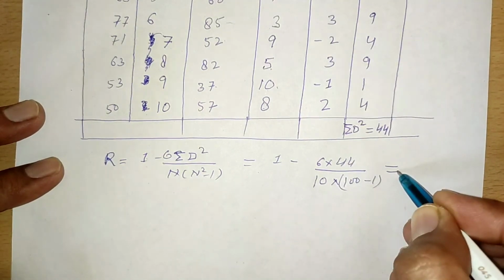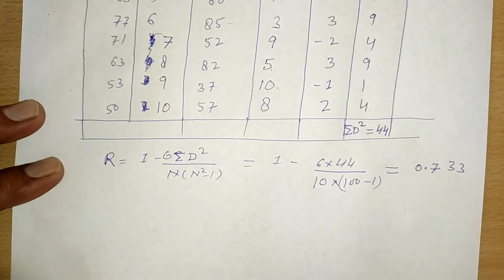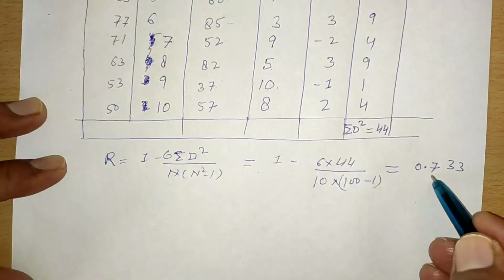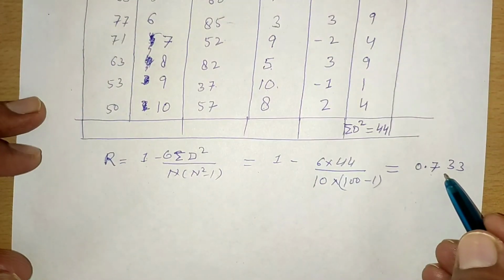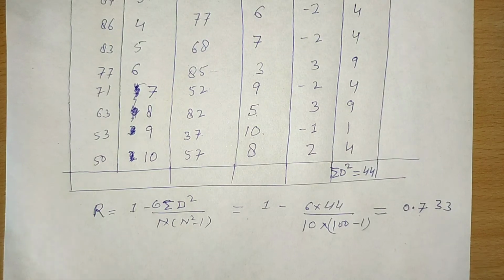Calculate it, and it will be equal to 0.733. So you can see the value is 0.733. In this way you can calculate the Spearman rank correlation coefficient.